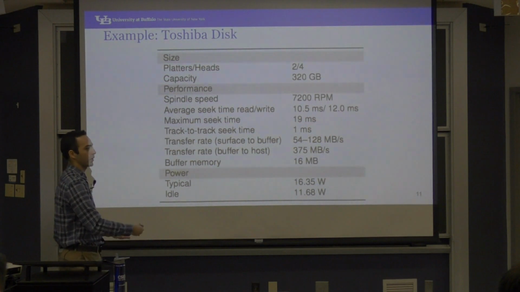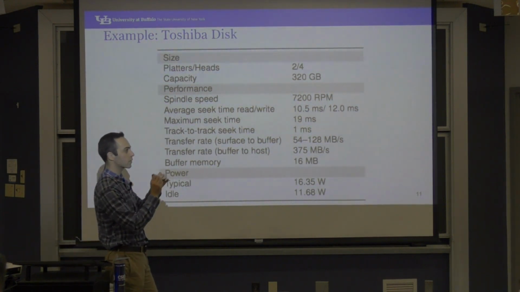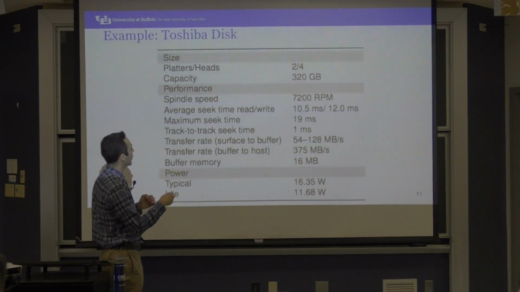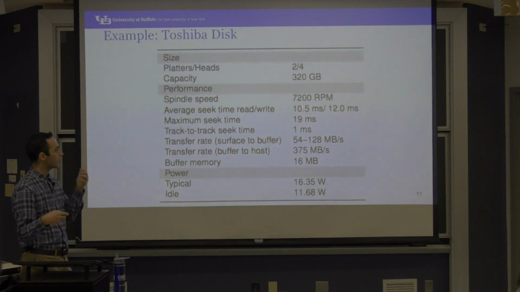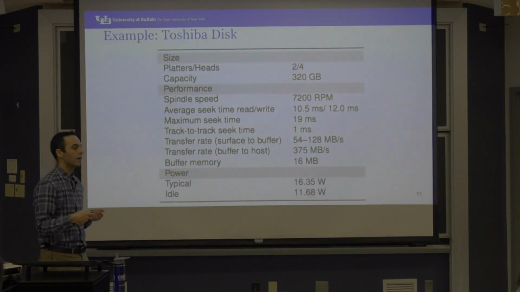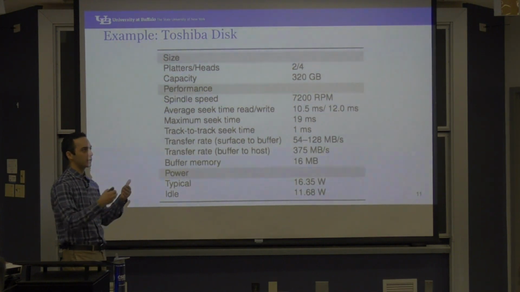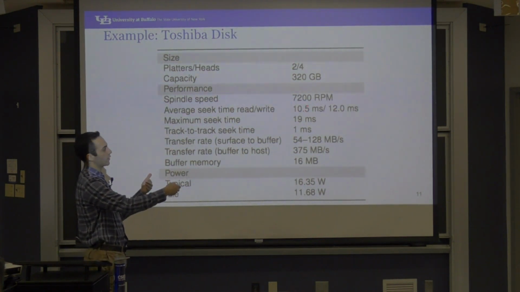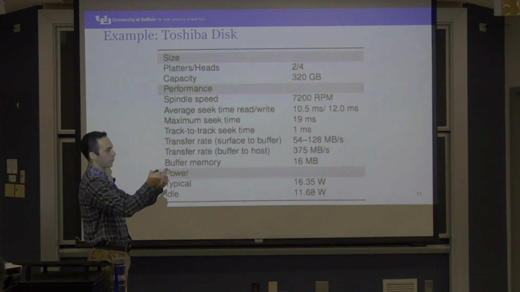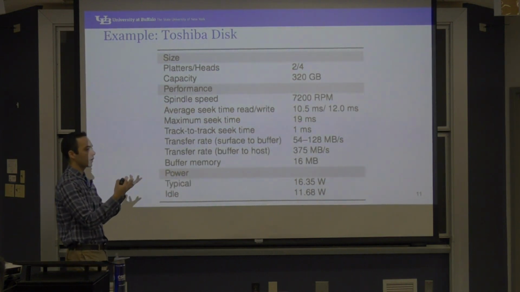So this is actually happening already, and we are not getting into the details of exactly what the number is, but this gives you the idea. The average seek time is 10, but the maximum is 19. You can tell, because the average is not necessarily from the middle to the end, right? This would only make sense if they were proportional. Then the average would be from the middle to the end, right? But that's not the distribution for calculating the average.